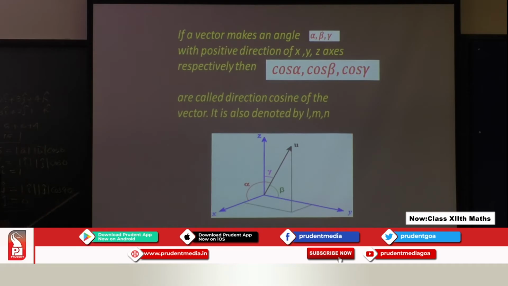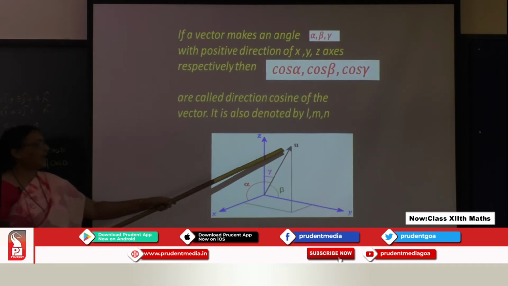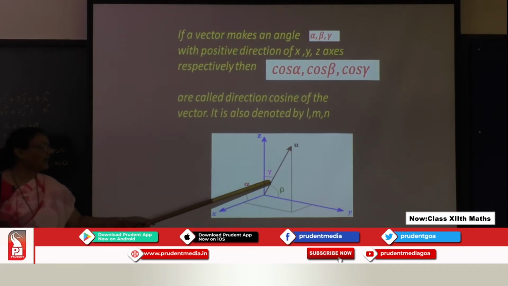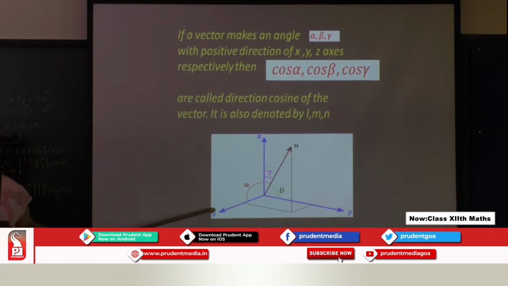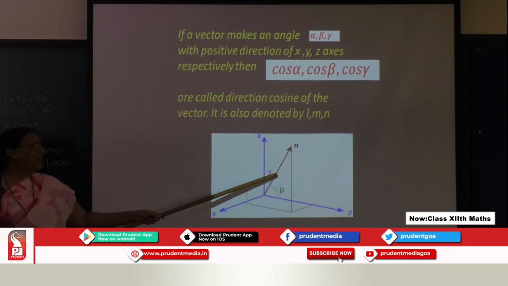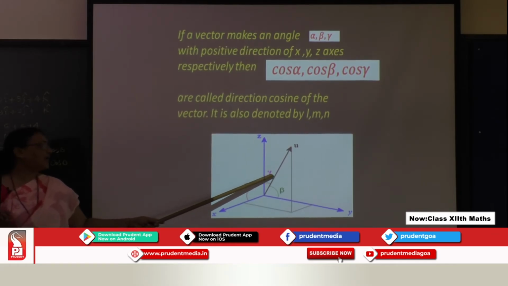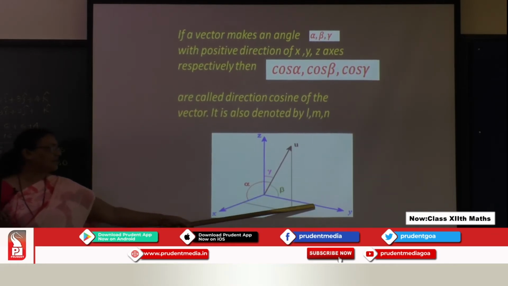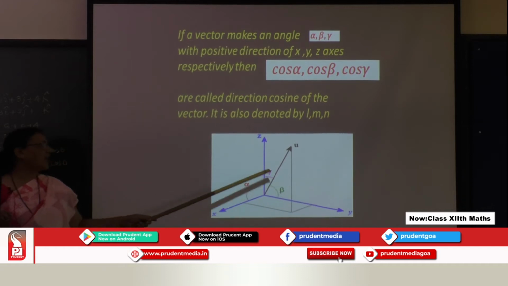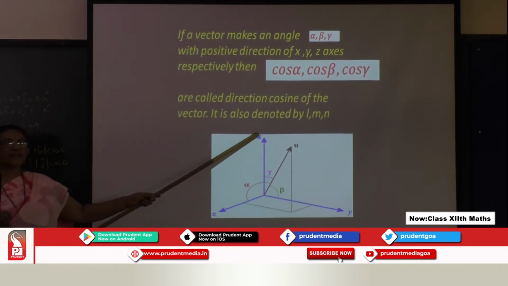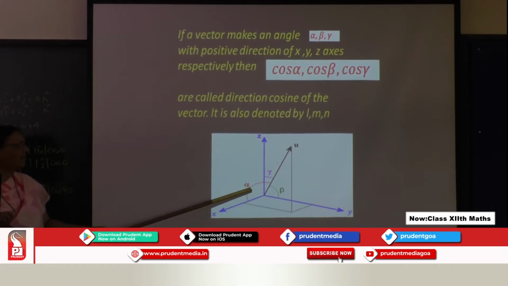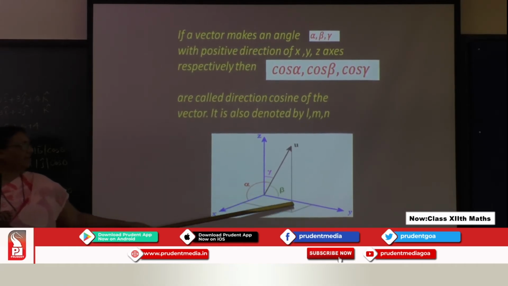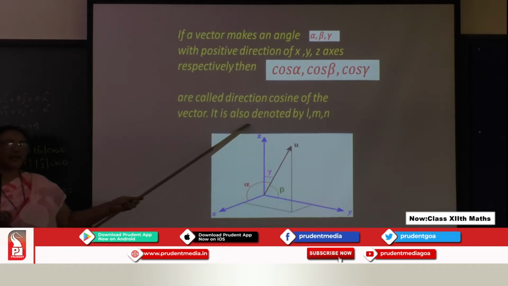See what is direction cosine. If this line, the black line, makes an angle alpha with the x-axis, an angle beta with the y-axis, and gamma with the z-axis. A line or a vector makes an angle alpha with the x-axis, beta with the y-axis and gamma with the z-axis.